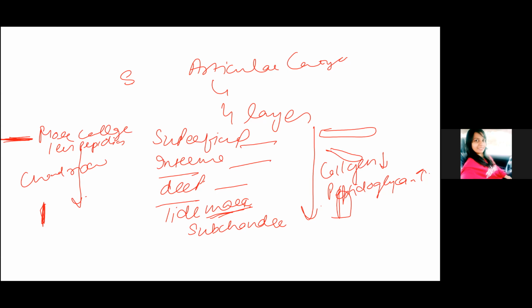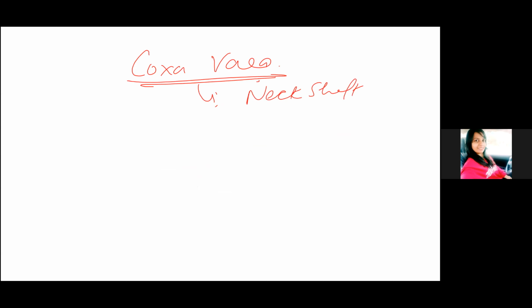So after the articular cartilage, our second topic is coxa vara. In coxa vara, you have to learn the neck shaft angle. If the neck shaft angle is less than 120 degrees, then it will be called coxa vara.